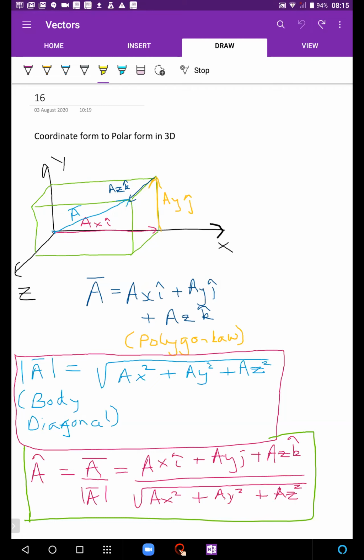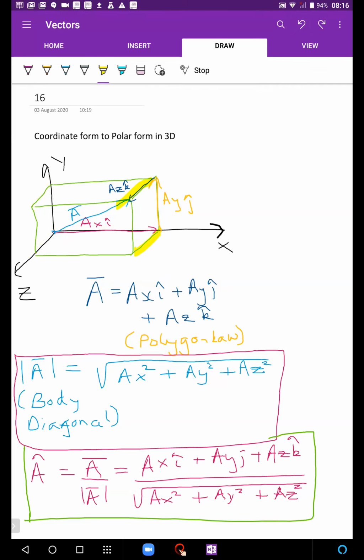What is the resultant going to be? The resultant is going to be the vector going from the available tail to the available head. So my available tail is over here. My available head is over here. In fact, if I were to draw a cuboid with ax i cap as these sides, ay j cap as these vertical sides, and az k cap as these sides, I can construct this kind of cuboid.